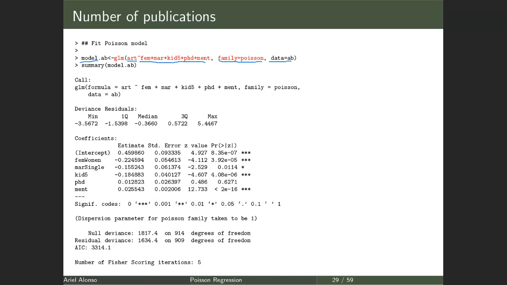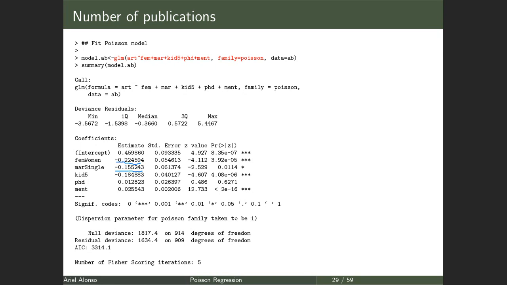And once you do this, you get your fitted object. You ask R to give you a summary of the results, and you get the coefficient table over here. And if you just look at the table, you see that everything except the prestige of the program, the PhD, everything was significant. So if you look here, it seems that women are actually publishing less than men. The coefficient is negative for women. It's highly significant. It seems that single people are publishing less than married people.